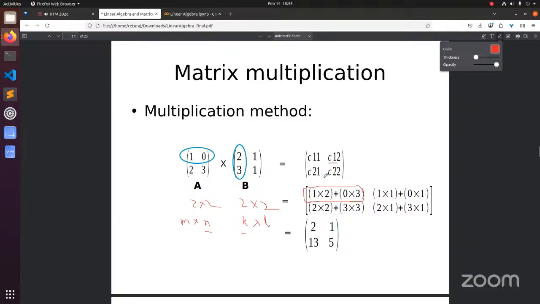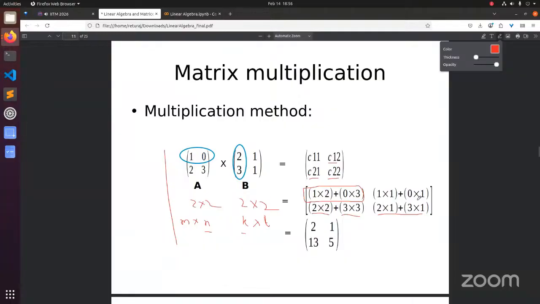Similarly, if you want to find C21, you take 2 into 2 plus 3 into 3. If you want to find C22, you do 2 into 1 plus 3 into 1. Can everyone see the matrix multiplication? Yes, sir.